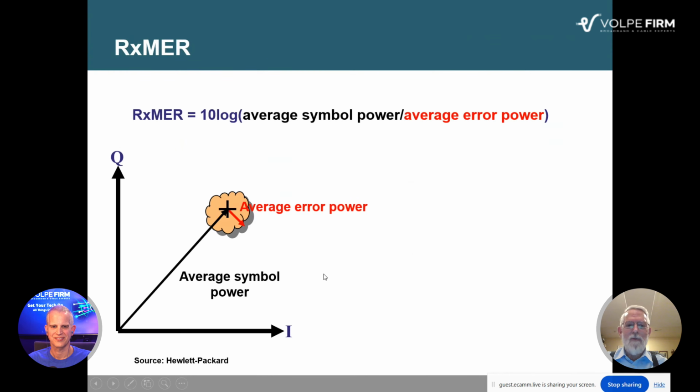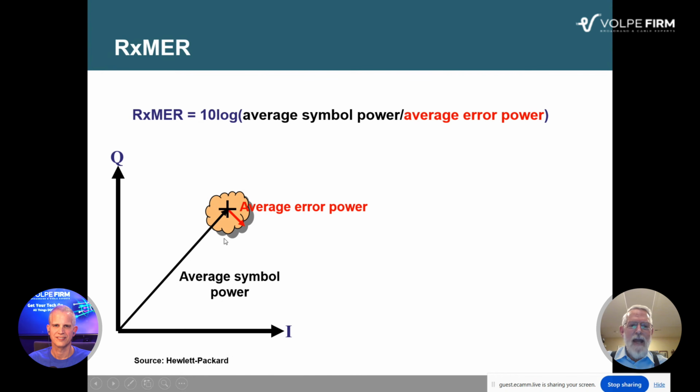All right, so when we look at a quadrant on a constellation and we let the QAM analyzer plot received symbols over a period of time, let's say a couple minutes, you get this little cloud of symbol points. I just drew it on here as a cloud. We've got our average symbol power, represented in this case by this black arrow going from the origin to the ideal point, where it should be.